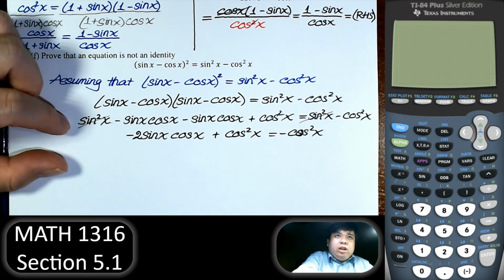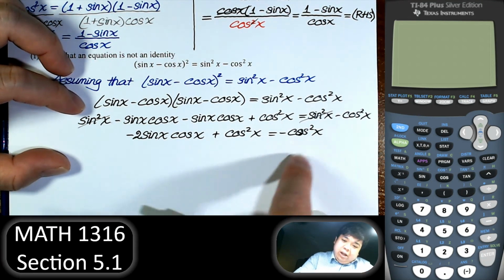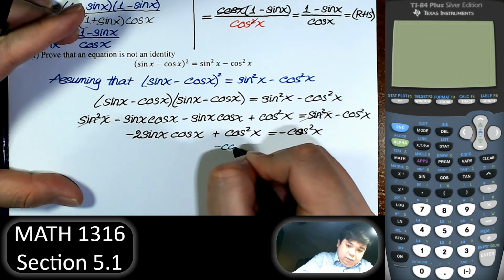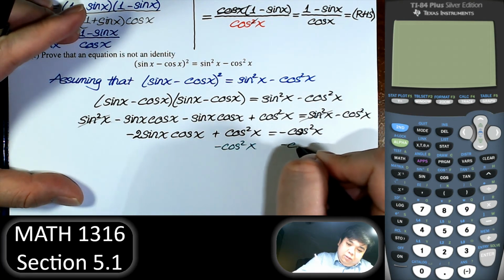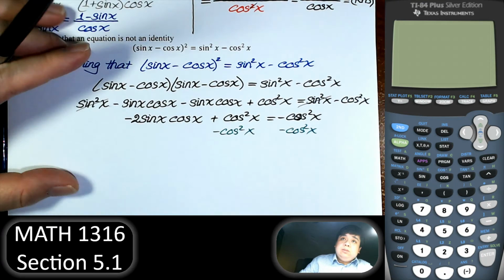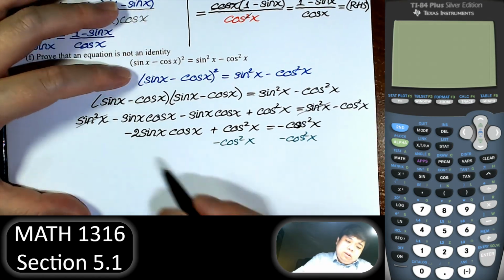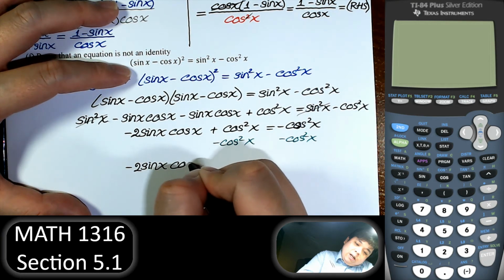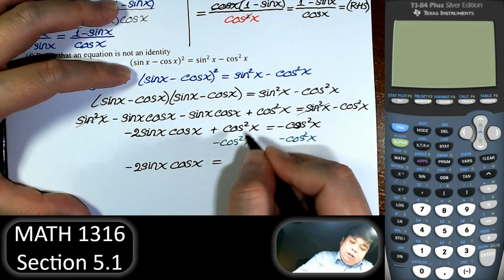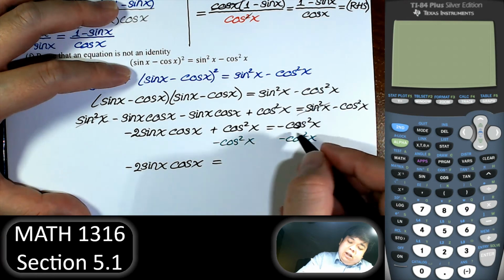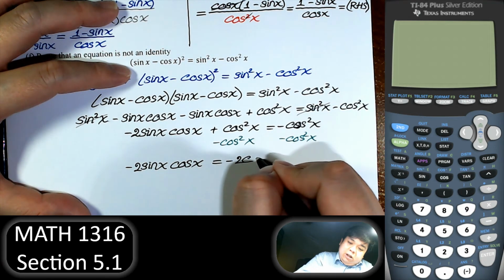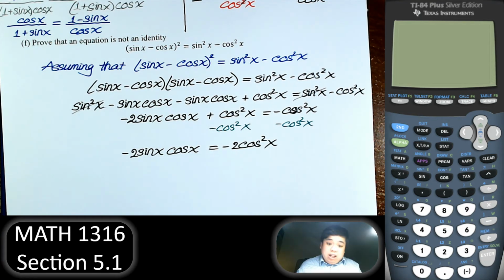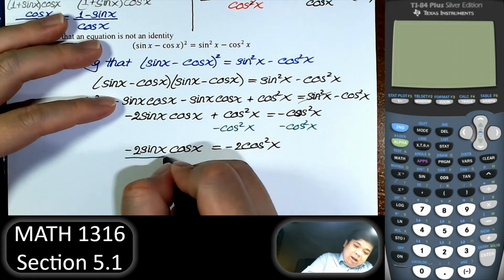Of course, we can move things around. So I can move the cosine square to the other side. That gives us negative 2 sine x cosine x. Cosine square cancels out. And the other side is negative 2 cosine square x. Now, both of them have negative 2 on both sides, so I can divide by negative 2 on both sides.